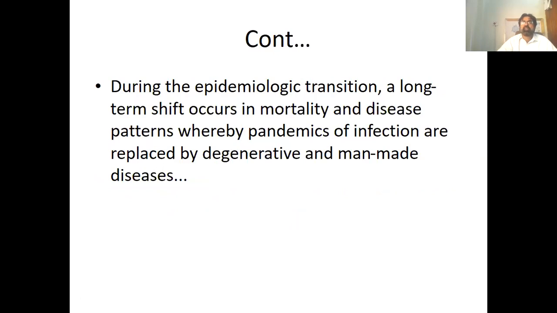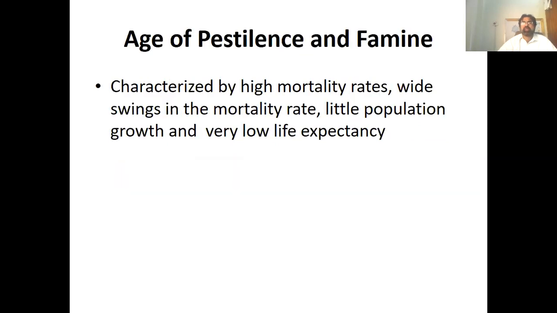During the epidemiological transition, a long-term shift occurs in mortality and disease patterns, whereby pandemics of infections are replaced by degenerative and man-made diseases. Age of pestilence and famine, as I have discussed in the demographic transition: in the early stage 1, there was pestilence and famine, a drought.